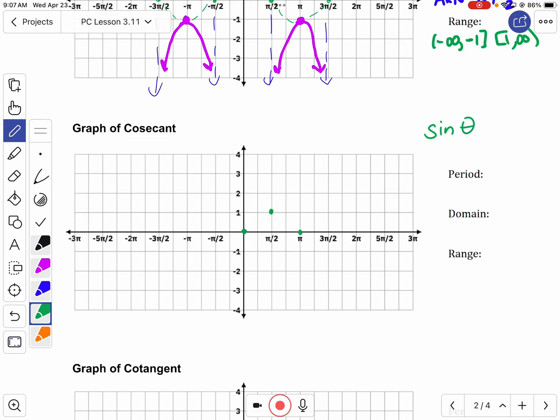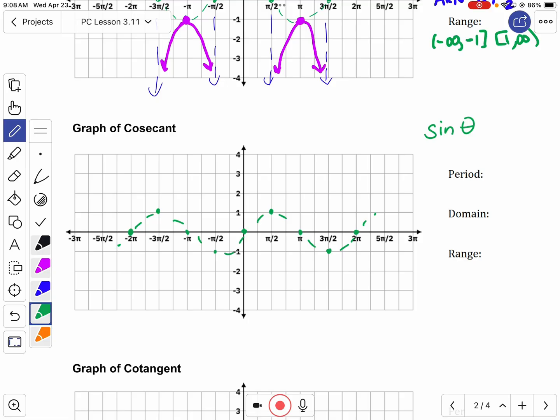We go up, pi, we're at 0, 3 pi over 2, and so on. And then we could do the same going backwards. So there's our ghost function.